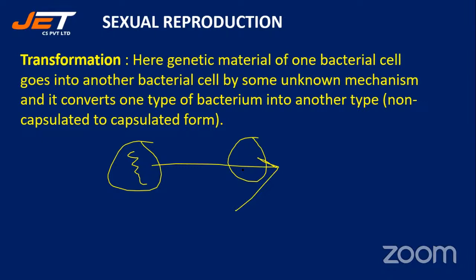This is referred to as transformation. I have told you already how this happens: between these two bacteria, a pili-like structure forms. This pili helps to transform the genetic material into the other bacteria, from this into this.